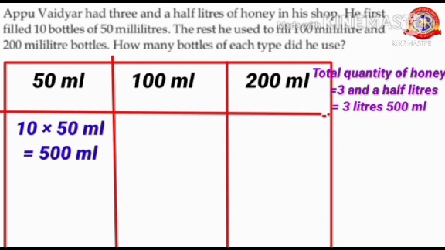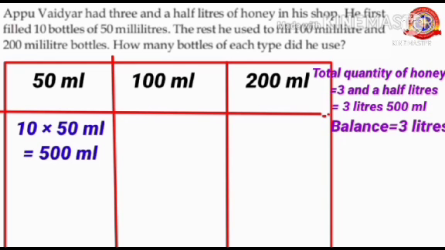Children, total there was 3 liters and 500 milliliters of honey. From this, 500 milliliters of honey is filled in 50 milliliter bottles. Then how much honey is left? Yes, 3 liters. The balance honey he used to fill 100 milliliter and 200 milliliter bottles.